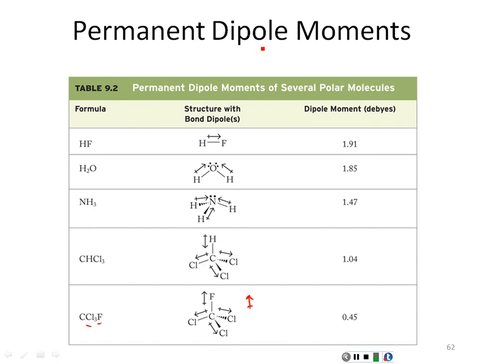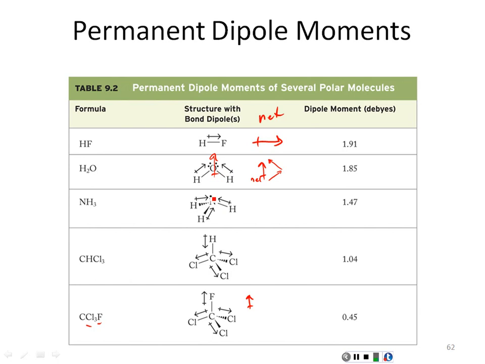So if we look at just a net dipole for the molecule HF, that's easy to see. What about water? You have 2 dipoles. If we add them together, we'd get a net dipole going up through the center of the oxygen atom.